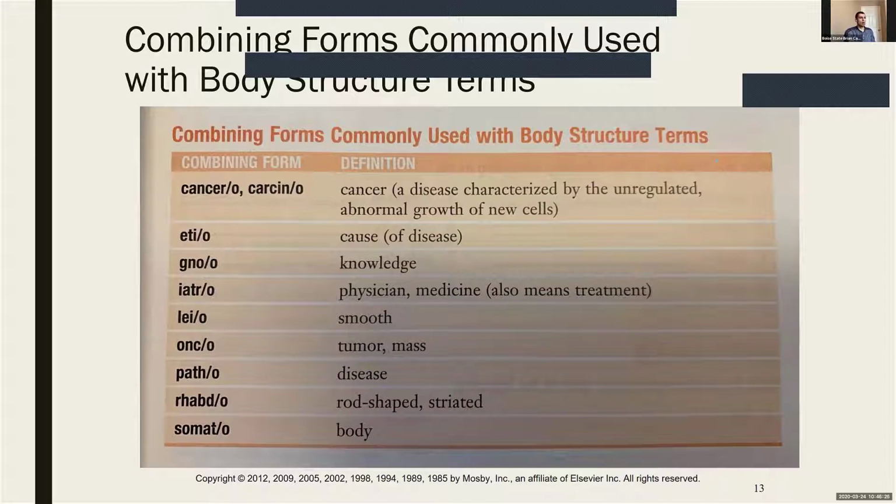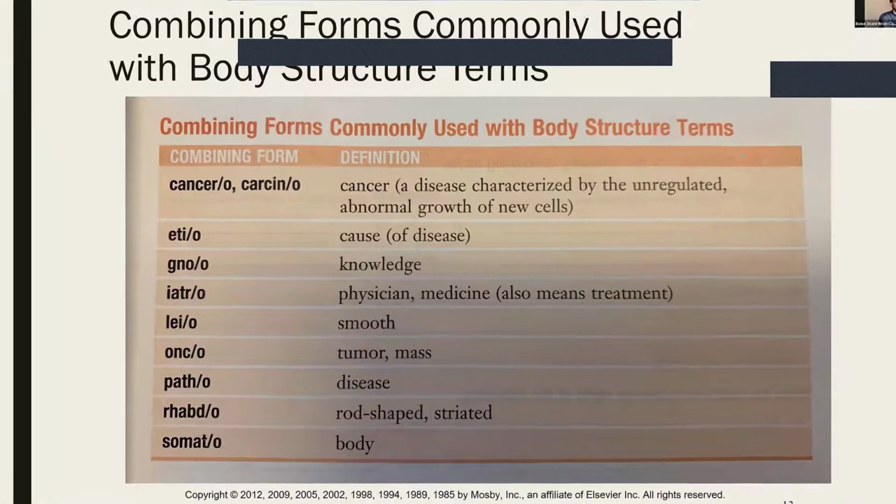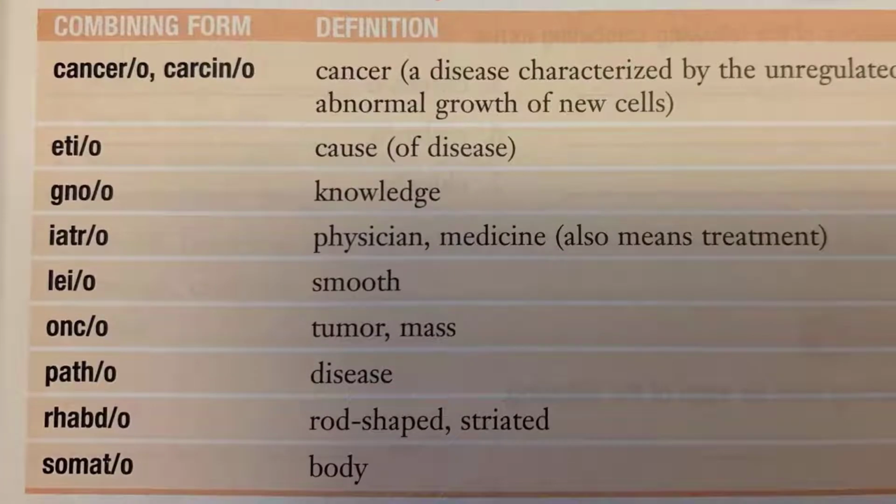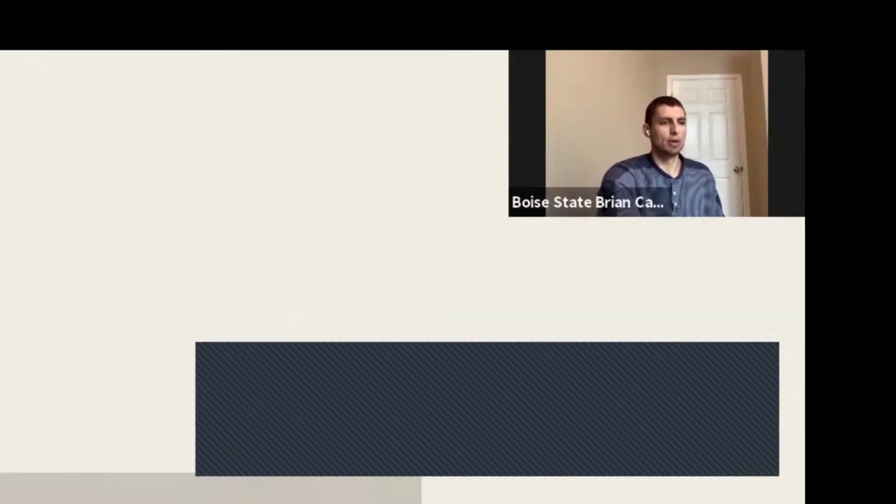GNO for know or knowledge, that comes from a Latin word gnostis, G-N-O-S-T-I-S. Iatr, I-A-T-R, it's a weird kind of word there, but when we use the combining form, it's iatro, and it means physician or medicine.